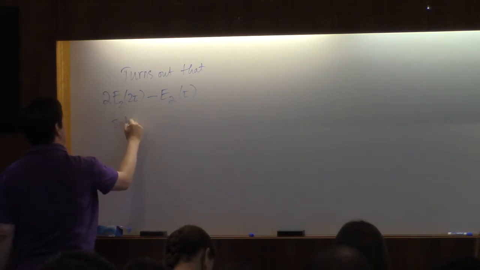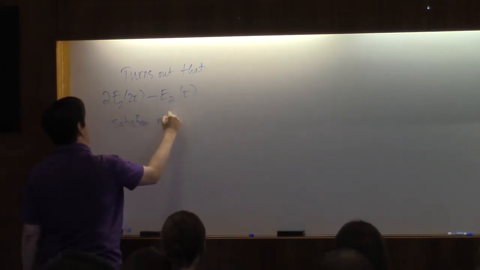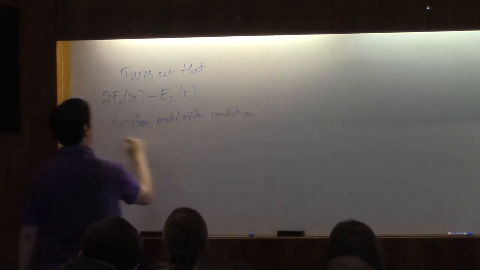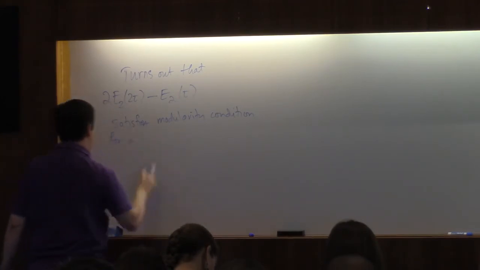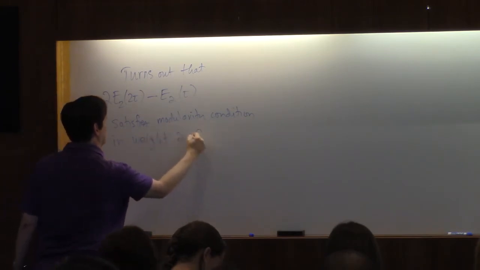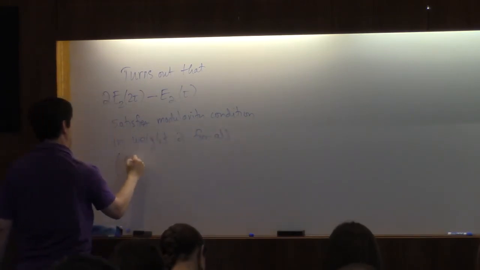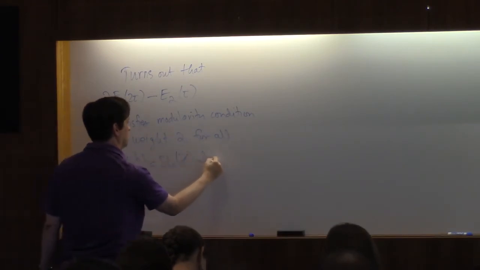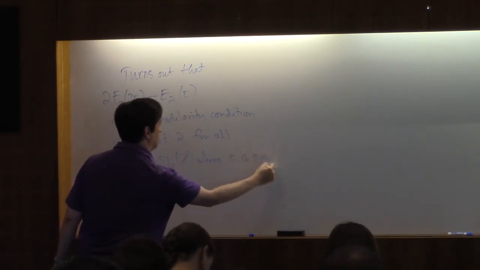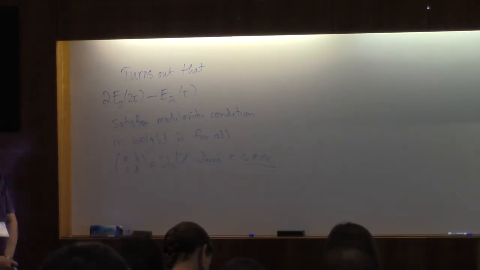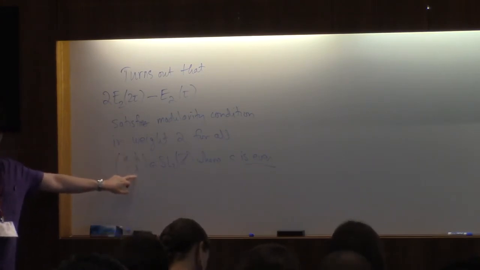This satisfies the modularity condition in weight 2 for all matrices in SL2Z where C is even. Okay, it does not satisfy the modularity condition in weight 2 if C is odd, for example, the matrix (0, -1; 1, 0).